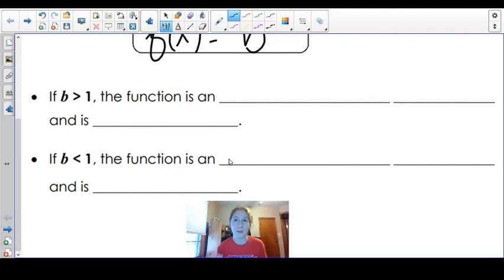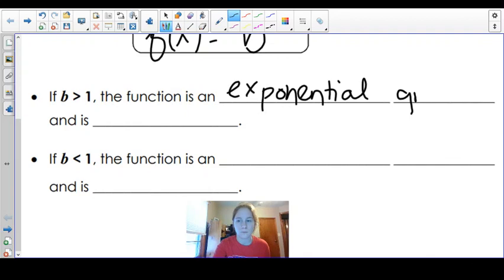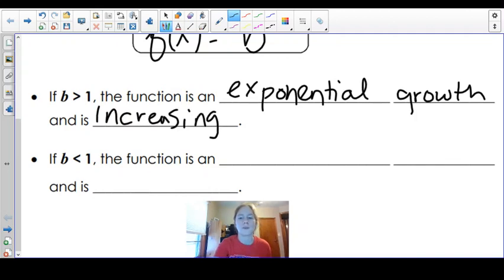So if the b above is greater than 1, it's considered to be an exponential growth, and it is considered to be increasing. So from left to right, we're going in a positive manner.